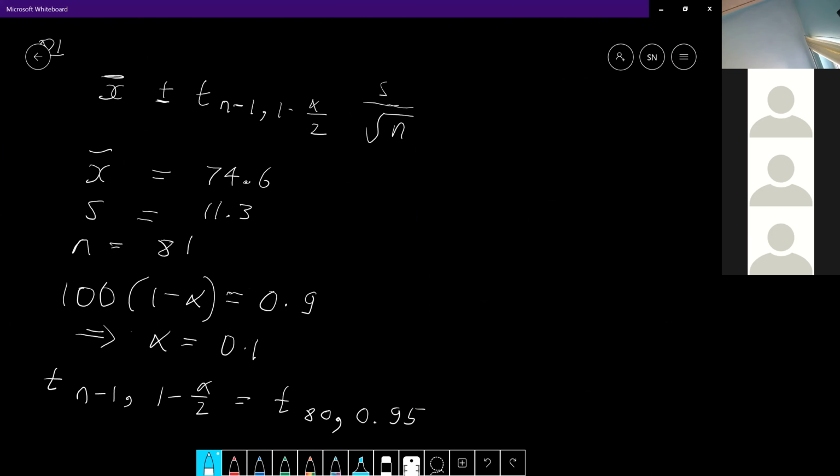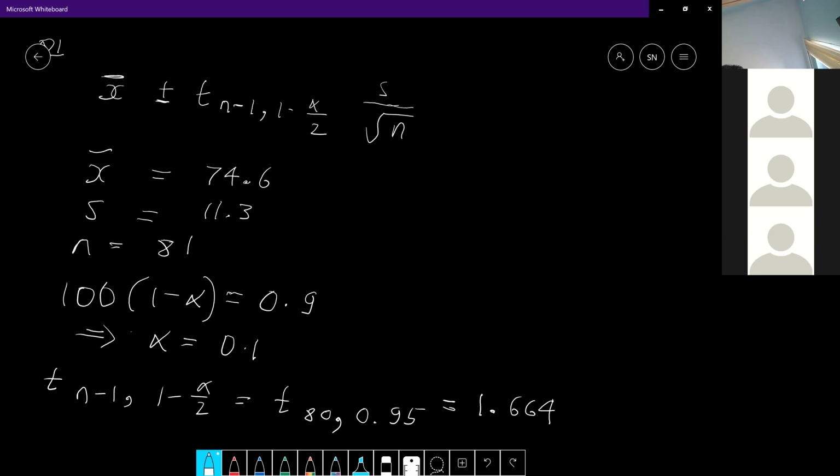If you read this from the t table, I'm sure I gave you a copy, you can also see it online on the course website, you will see it is equal to 1.6664. This is the value for the t percentile.